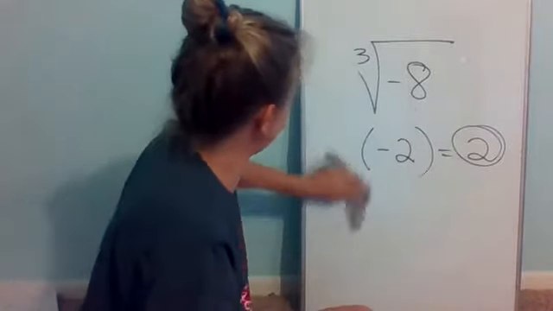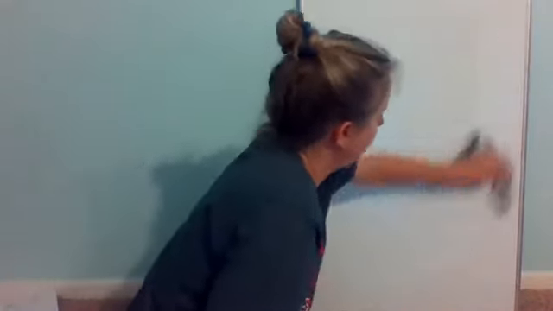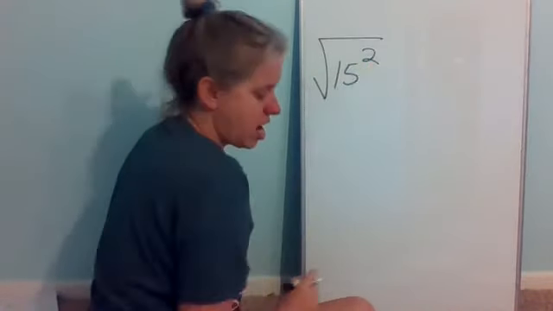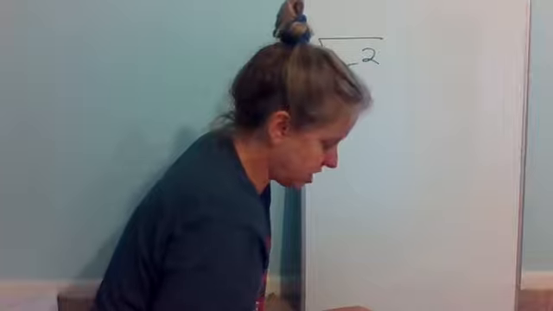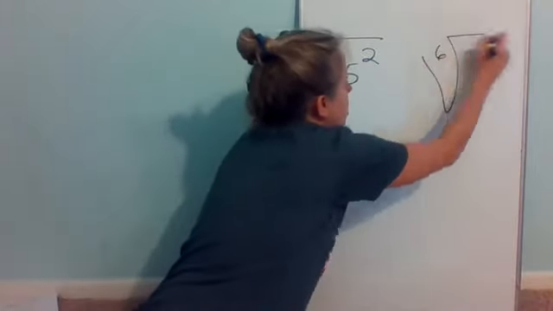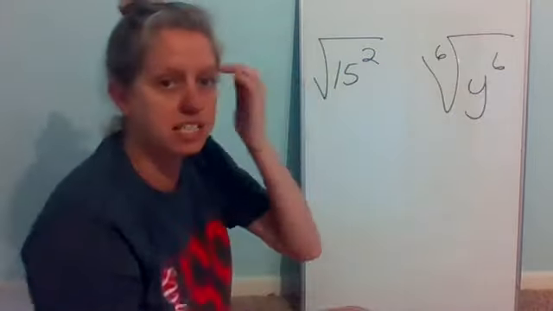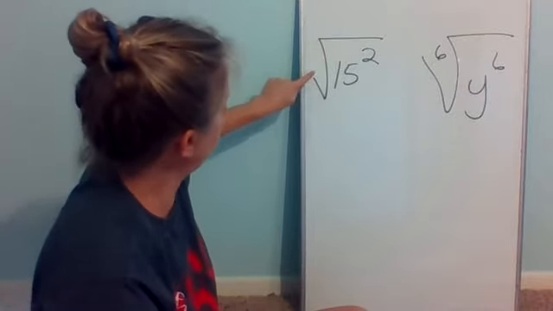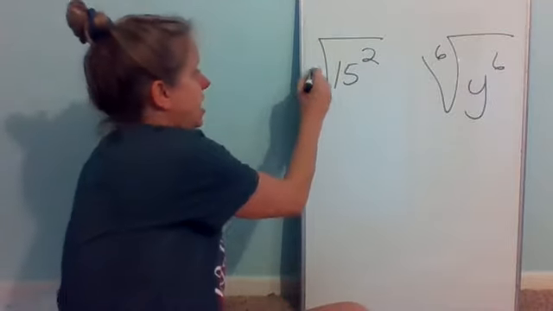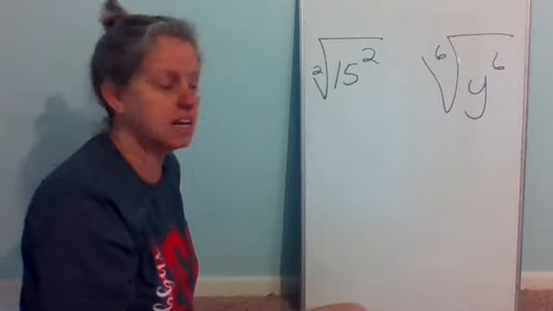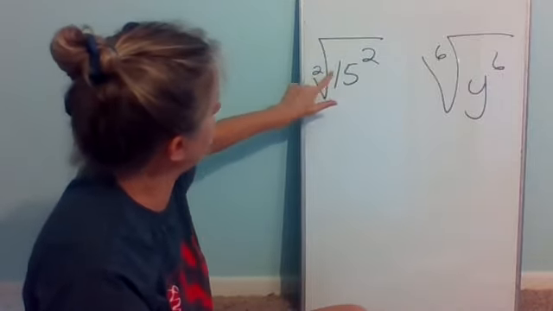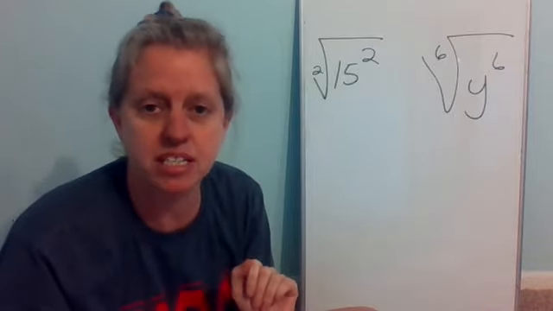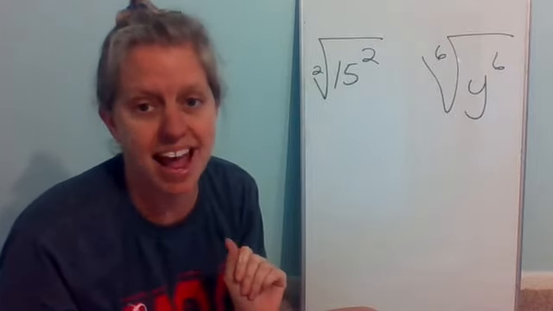All right, let's look at 14 and 15 together. 14 says, what's the square root of 15 squared? And the last one says, what's the 6th root of y to the 6th? If your root number, which if it's a square root is kind of like an invisible 2 right there, right? If you are taking the square root of something squared, those two things are opposites of each other. And what do opposites of each other do to each other in math?